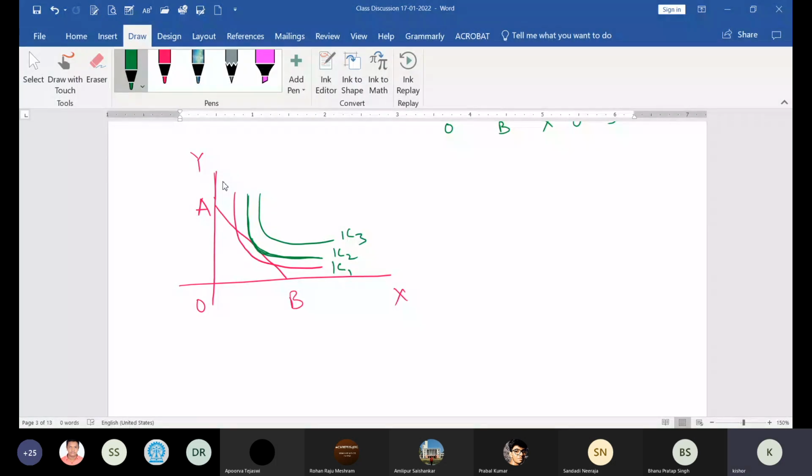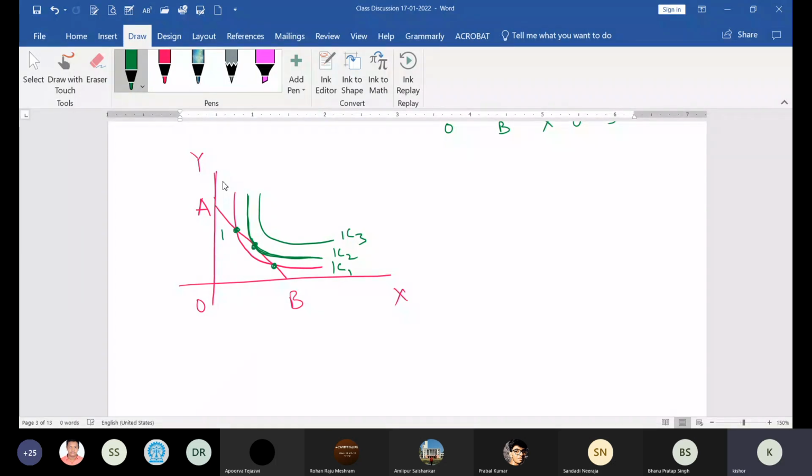So even if we assume a situation that he or she always tries to utilize M, the budget, fully, then we will select some point on this budget line. If this is the case, then we may get 3 different points.